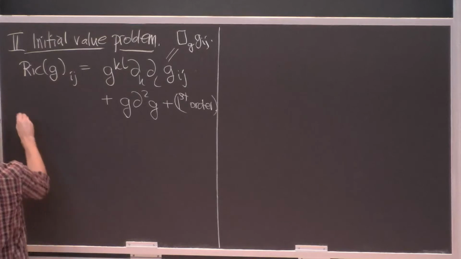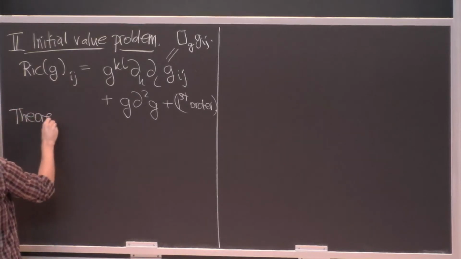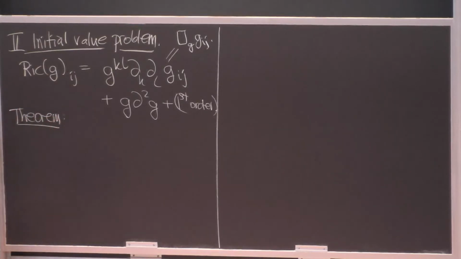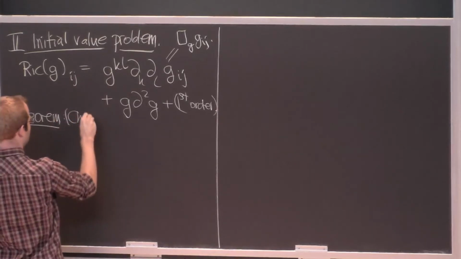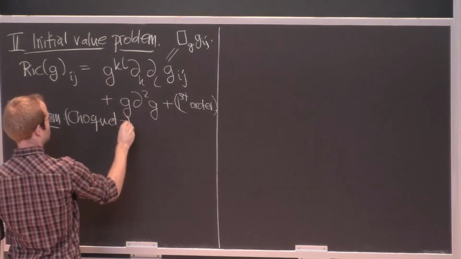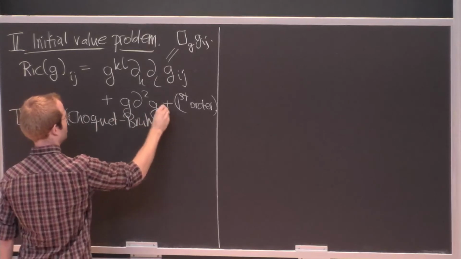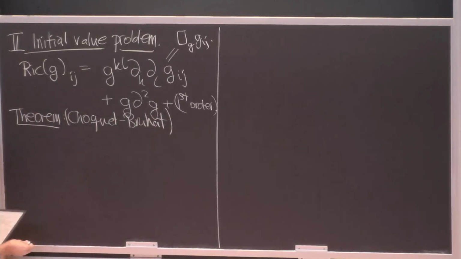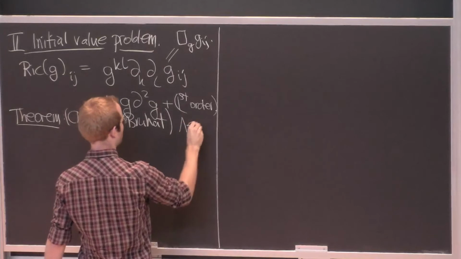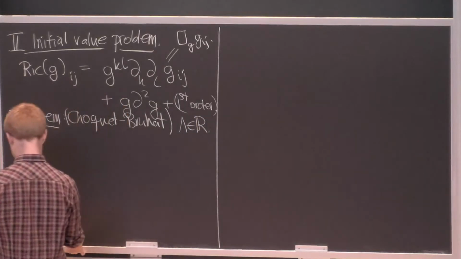Right. So the theorem about the initial value problem is the following. It goes back many decades to Choquet-Bruhat in 52 or 53. And it goes like this. It works for any fixed cosmological constant lambda.